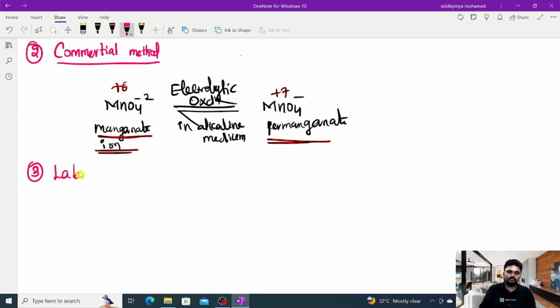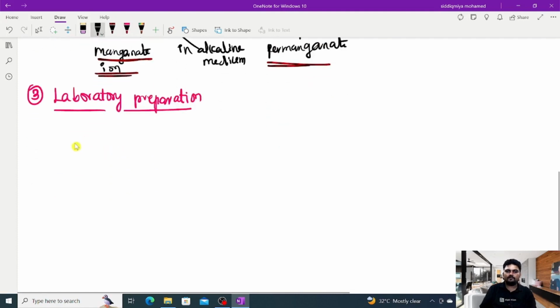And next, the third one we have is laboratory preparation. In laboratory preparation, the manganese plus 2 ion is treated with peroxodisulfate ion in the presence of water.